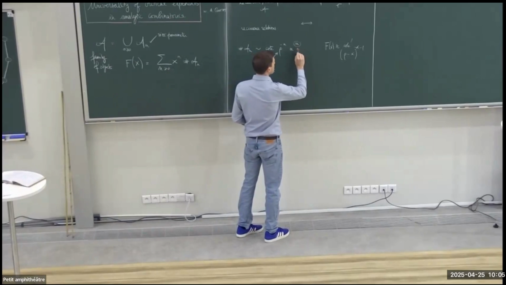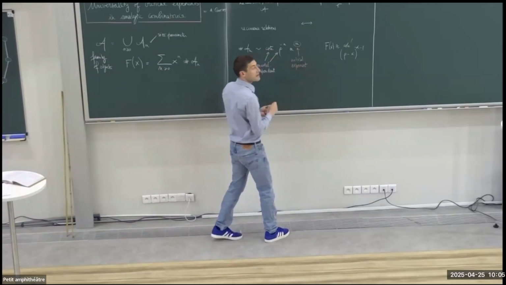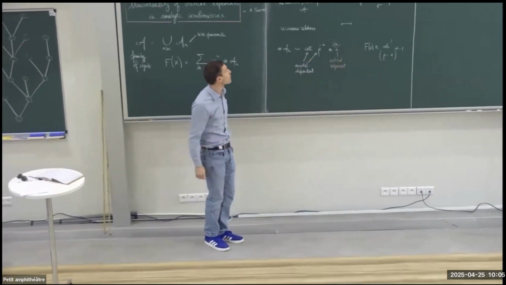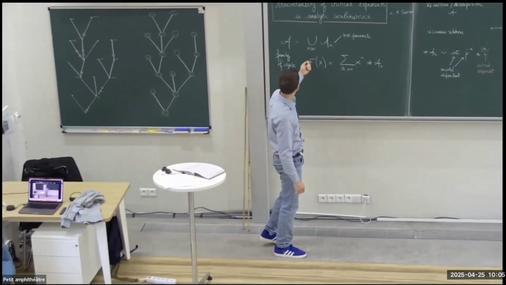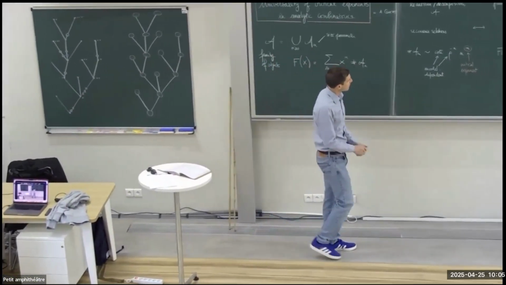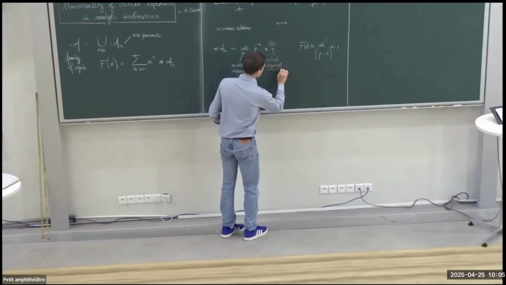So this is the critical exponent, and it is the important one in the story because it dictates the large-scale behavior of your objects if you think of them as taken uniformly at random in your set. Okay, so that's the important one.